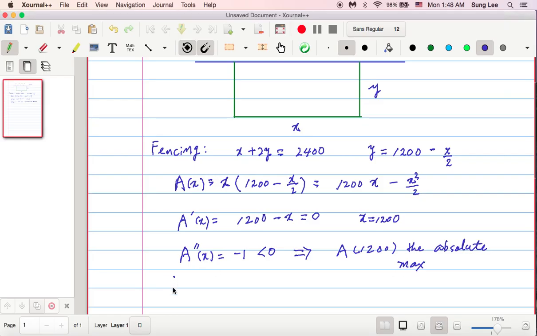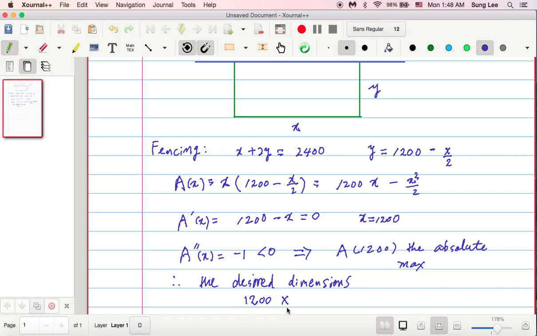Okay, so therefore, the desired dimensions is going to be 1200 length times width.